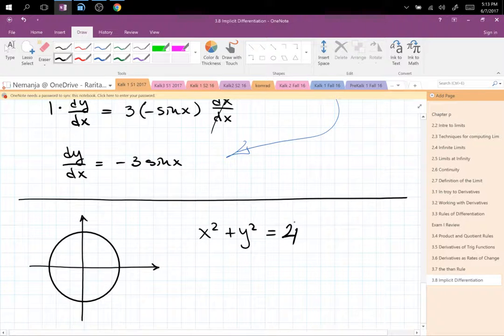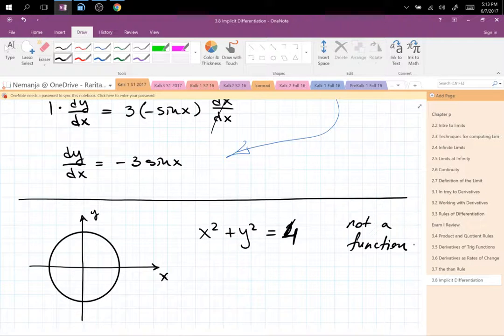Yeah, 4. Now we know that circle is not a function. So you cannot take the derivative in the regular manner. But you still know that circle has all the tangent lines, so derivative must exist.